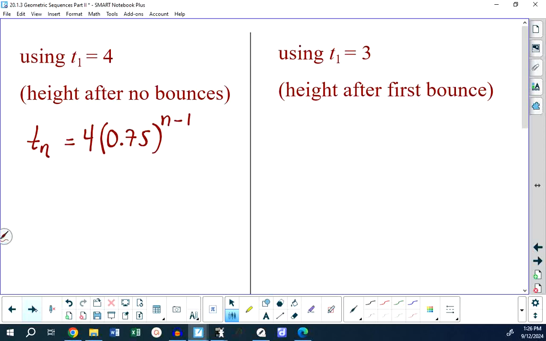If we use T1 equals 3, and 3 is the height after the first bounce, this is our general formula. Because the first term is 3 and the common ratio is 0.75. Are you all with me on this? Okay. The issue is, since T1 equals 4, and that 4 in our first method is not the height after the first bounce, our answer will be T13.